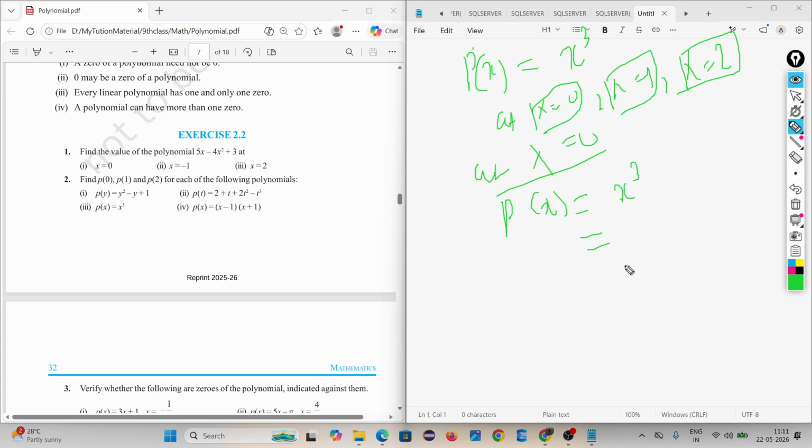Yes, x equals 0, answer is 0. 0 cube, that is p of x equal to 0 at x equal to 0. When x equal to 1, answer 1. 1 cube is 1.